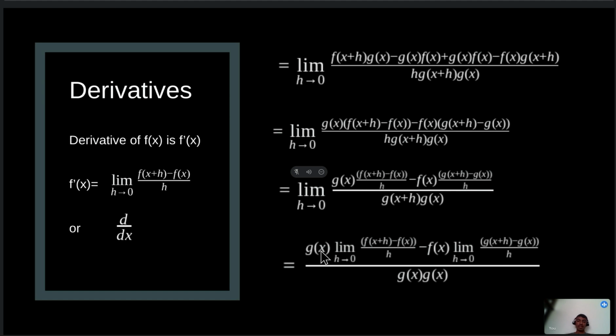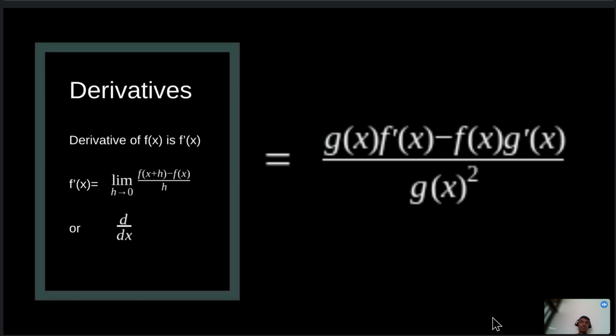Now you have g of x times the derivative of f, minus f of x times the derivative of g of x. Notice over here I gave the limit function as a recap, and then this is all divided by g of x squared because it's multiplied by itself.